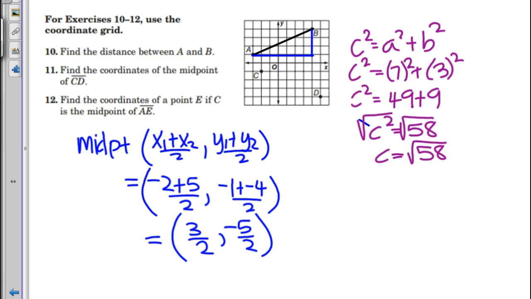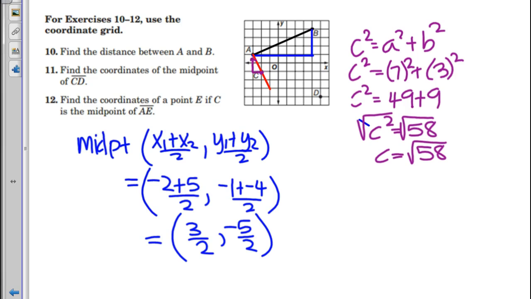Here's my little line. C is the midpoint of AE, so I have a line that goes just like that, where C is in the middle. When it's on a graph, you can kind of cheat this a little bit instead of setting it up. If C is the middle, then I go left 1, up 2 to get to A.